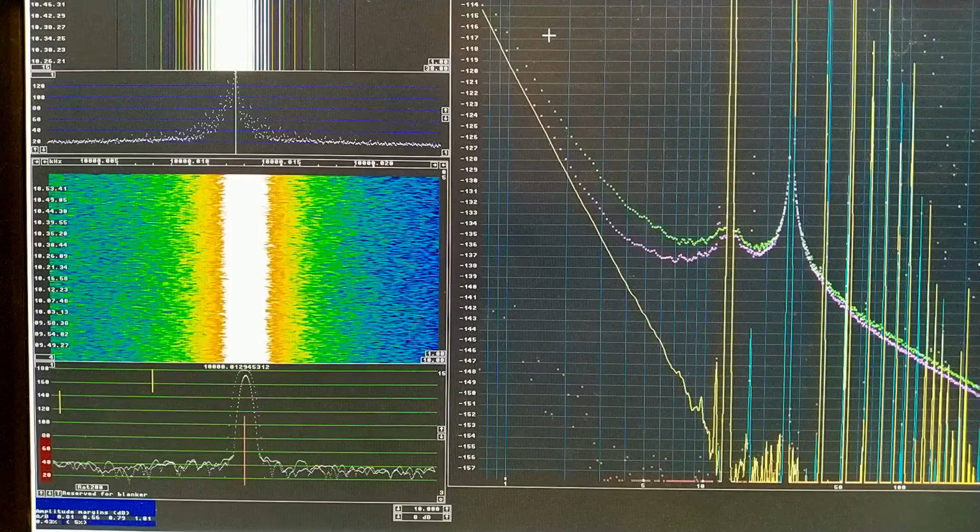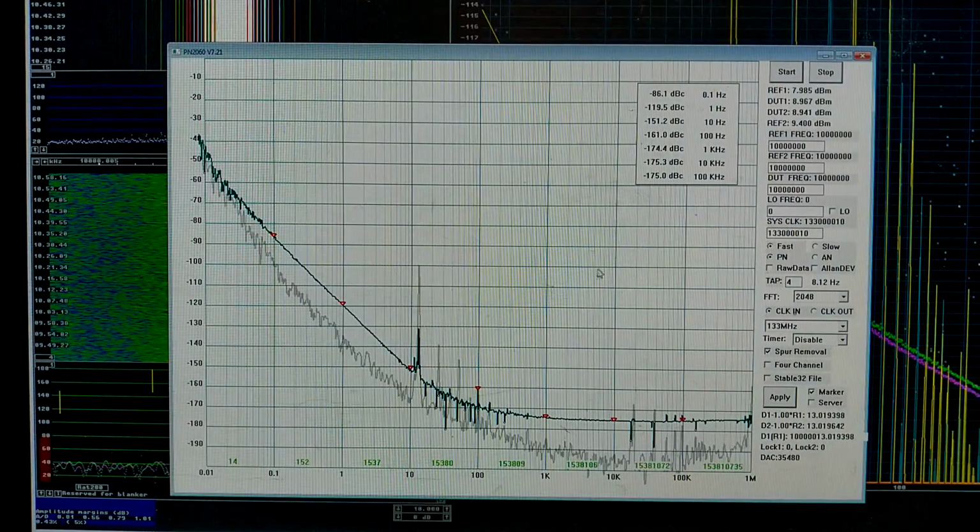I have been running a second instance of Linrad at the same time. Here I can see the noise at 1 Hz offset is minus 119.5, where the mouse is now. And that's the same as I had with the PN2060. It says minus 119.5 at 1 Hz offset.